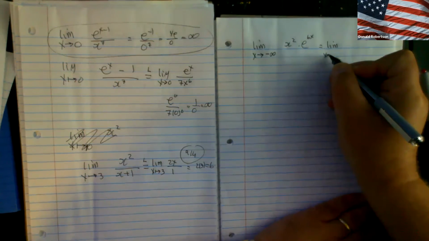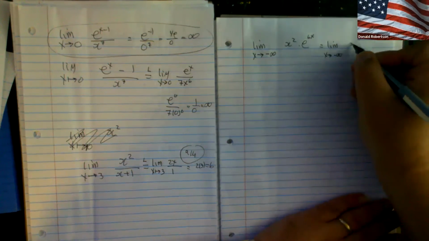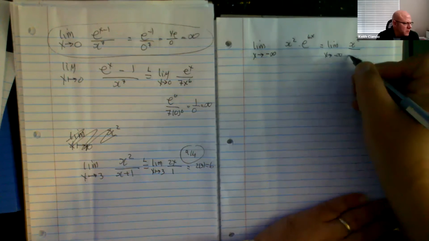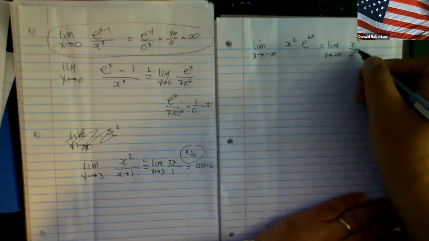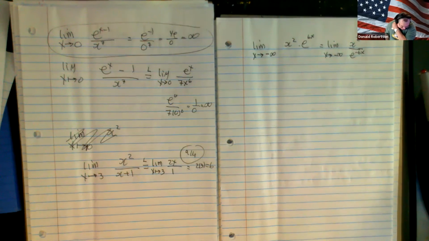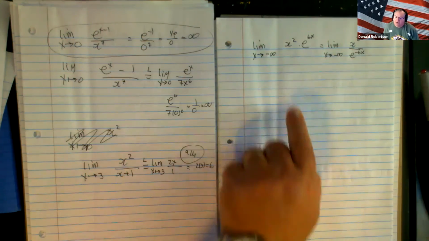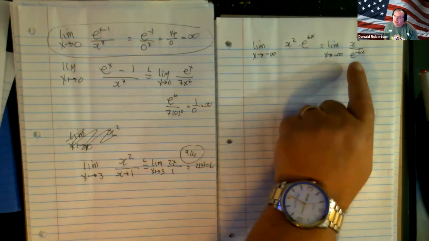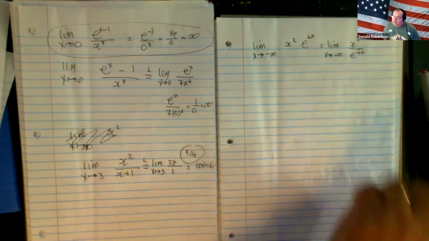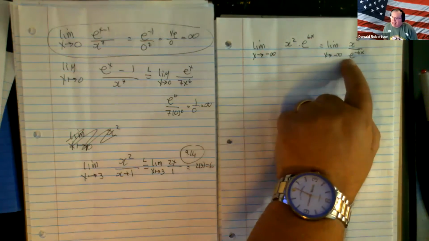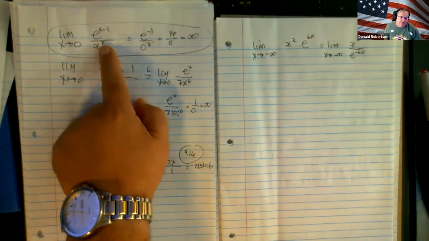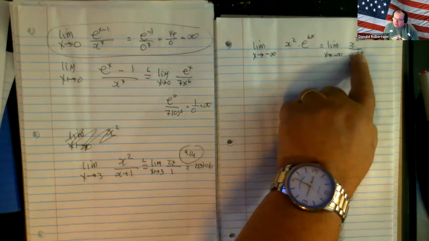Now, to be able to do this question, we have to write it as a fraction, because L'Hopital doesn't work when 2 things are multiplied. It can only work when you have an f and a g. So the first extra line that you didn't need in these ones, because they are fractions, is that you make it a fraction.